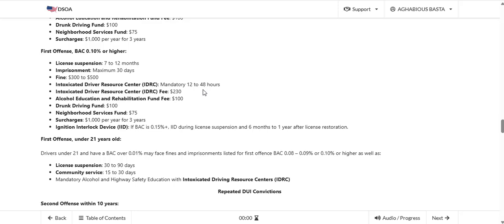Ignition Interlock Device, IID, if BAC is 0.15% plus, during license suspension and 6 months to 1 year after license restoration. First offense, under 21 years old.